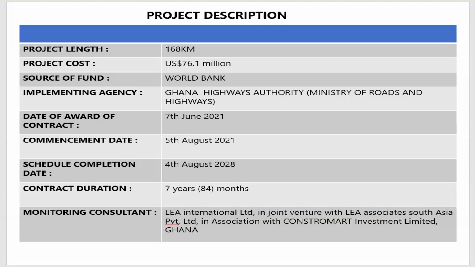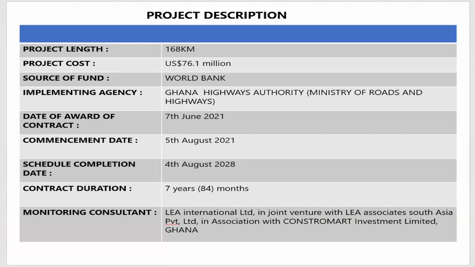Let me say that of the 7 years, 2 years is for the rehabilitation and the construction. Then 5 years out of the 7 years is for the maintenance of the road by the contracting entity.